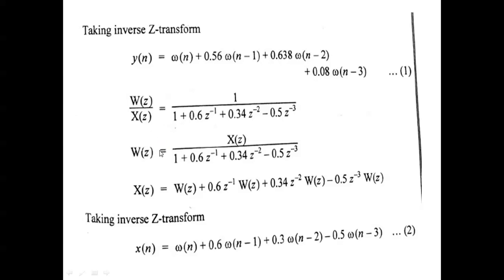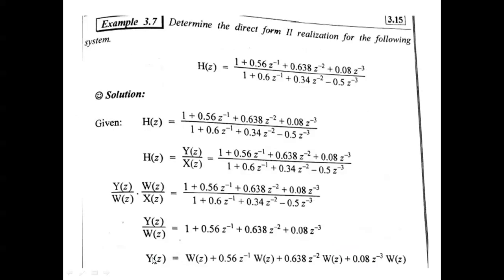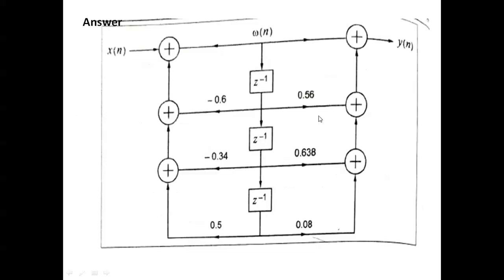If we take W of z, X of z will go to the other side. Taking the inverse z transform, you get w of n, w of n minus 1, and so on, and you get the x of n value and the y of n value.